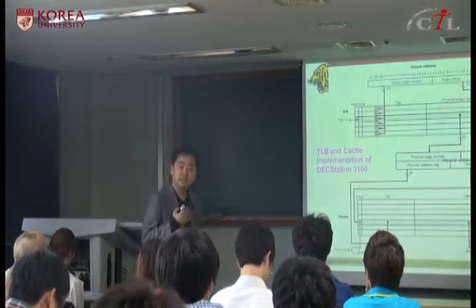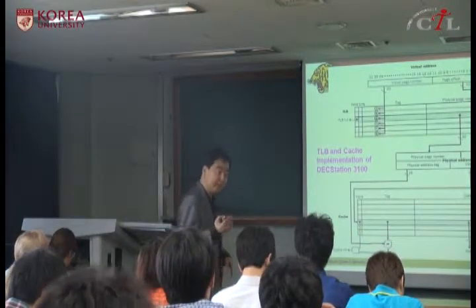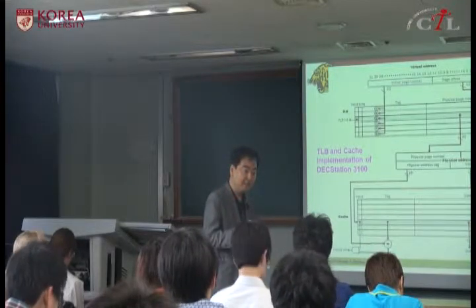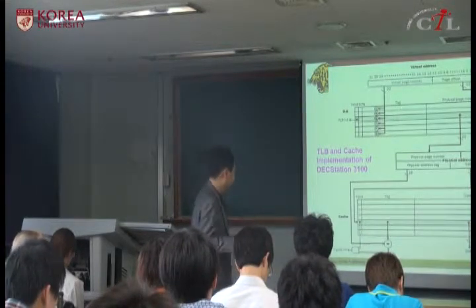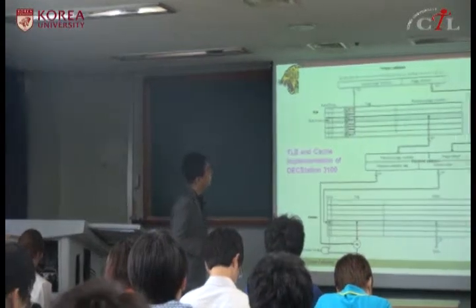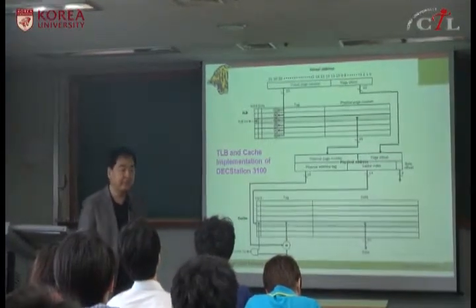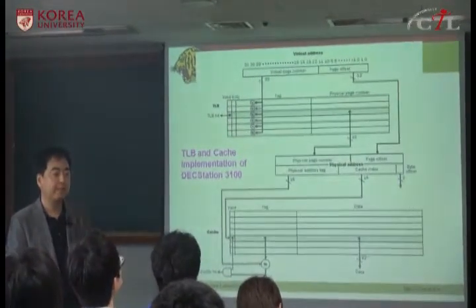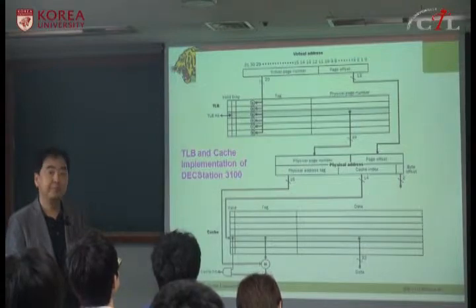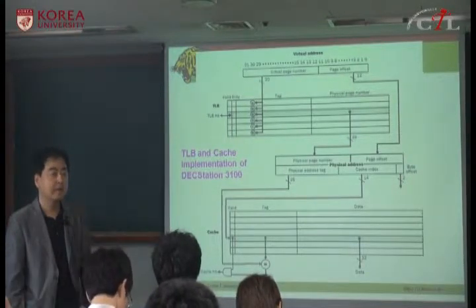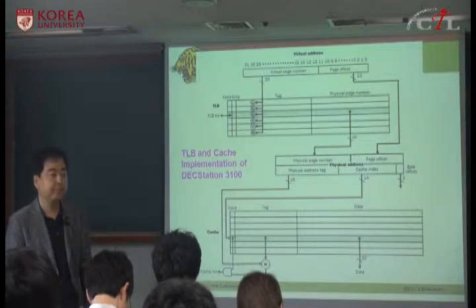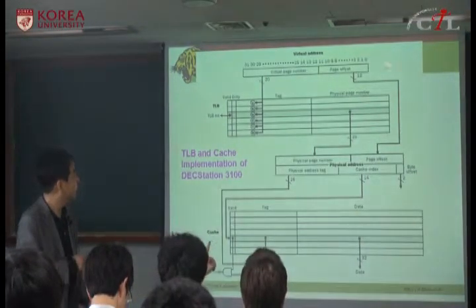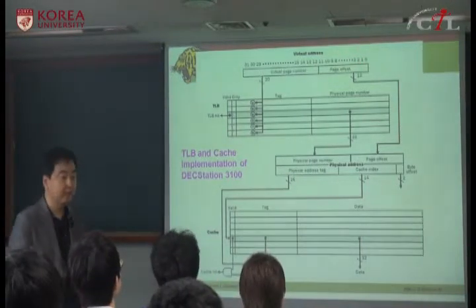It means the maximum main memory of this system is 4 GB. So what is the page size for this system? Zero to 11, this is 12 bits, so 4 kilobytes.